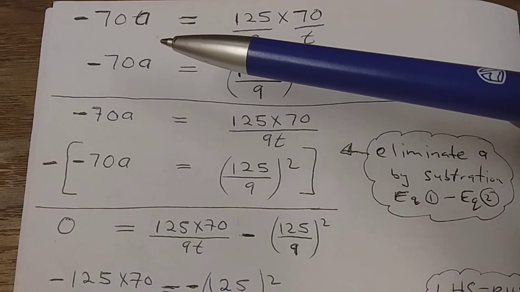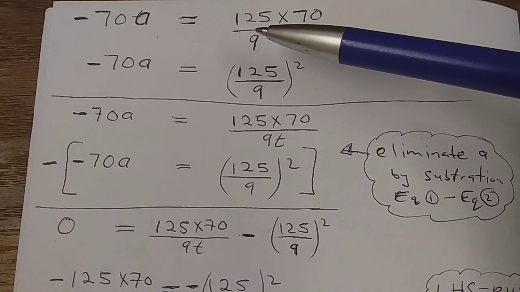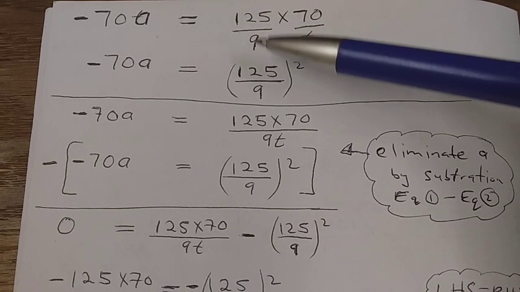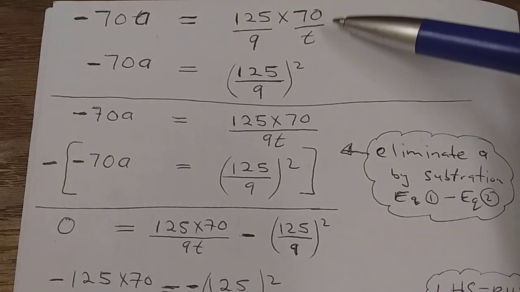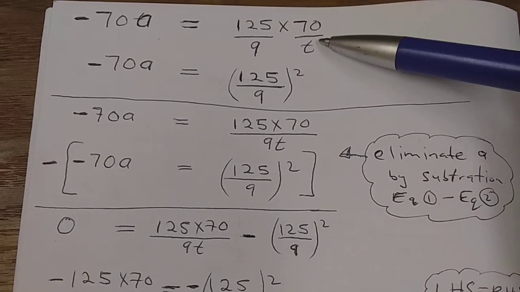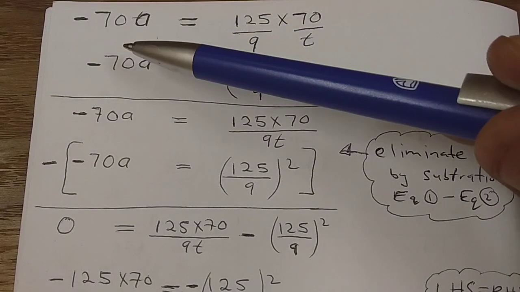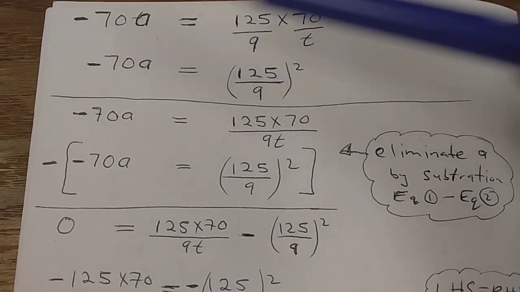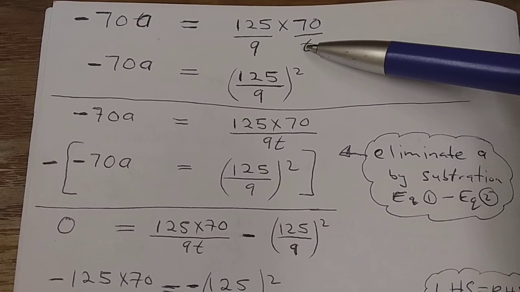Negative 70a is equal to 125 over 9 times 70t, which means you multiply both sides by 70t. What you do on the left hand side, you also do on the right hand side. That's an equation.